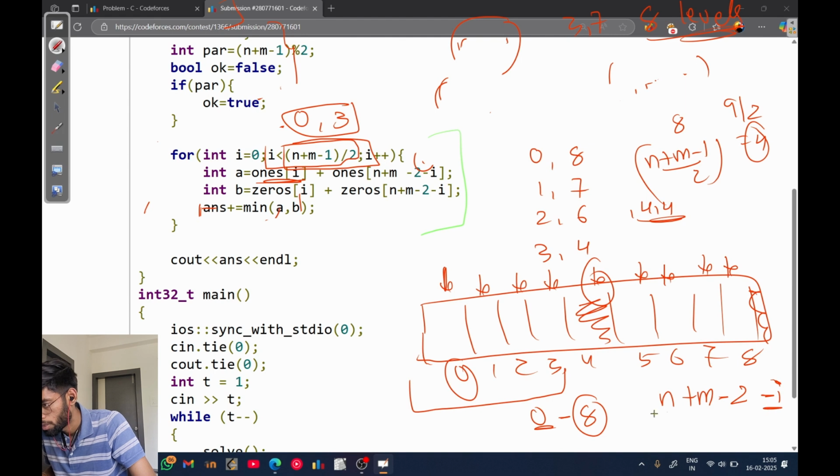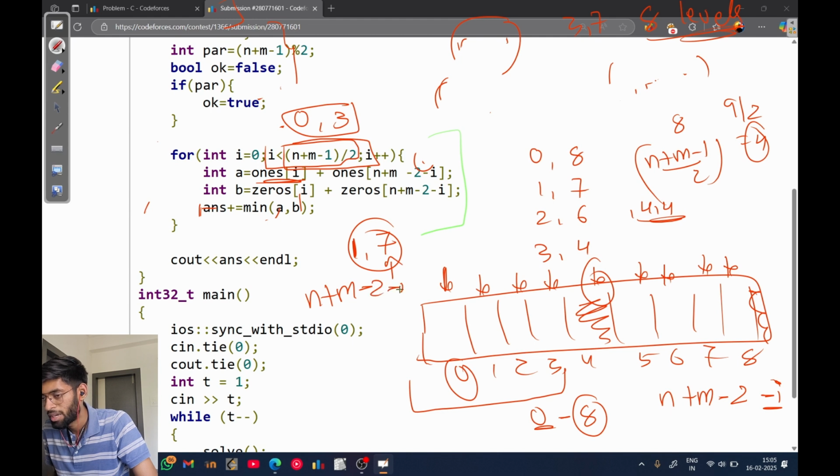If I am standing on level 1, then the opposite level that I will be checking is level 7. So what is 7? n plus m minus 2 minus i, which is 10 minus 2 minus 1, which is equal to 7. Similarly, 2 comma 6: 8 minus 2 equal to 6.